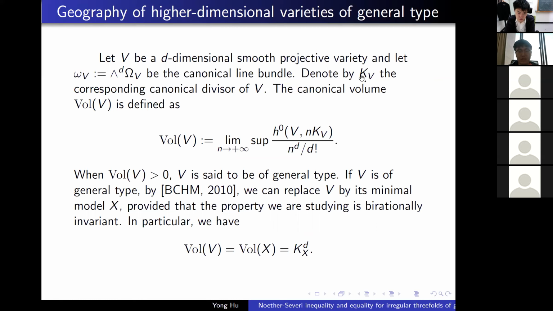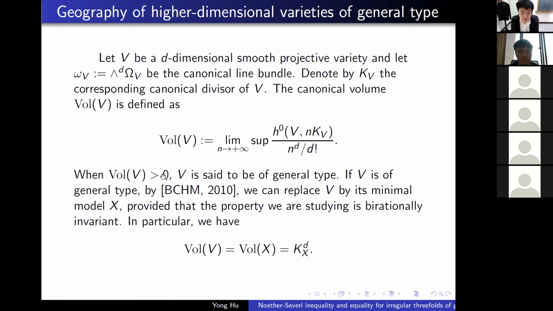We denote it by K_V, the corresponding canonical divisor of V. The canonical volume of V is defined as the following number. It is the limit superior of h^0(V, nK_V) over n^d/d!. It measures the growth of plurigenera.